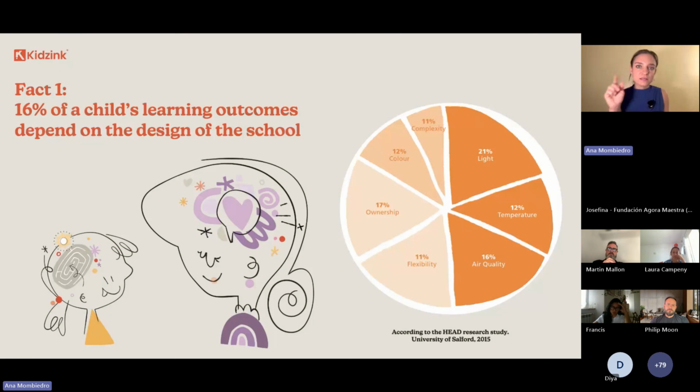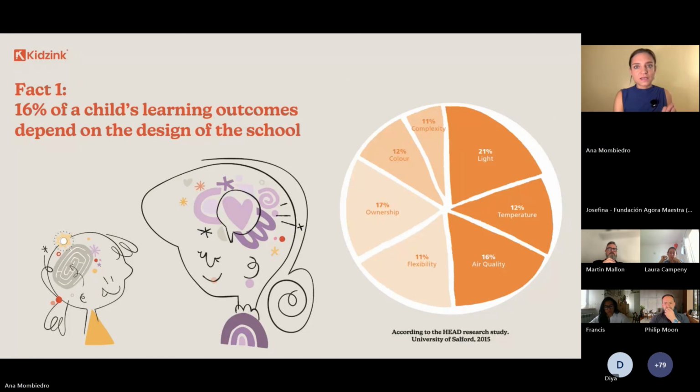And the aspects they discovered that had the most impact were light, temperature, air quality, flexibility, ownership, color, and complexity. This study is very well recommended, actually, so you can see what methodology they used to create the study. It's a reference in all this.